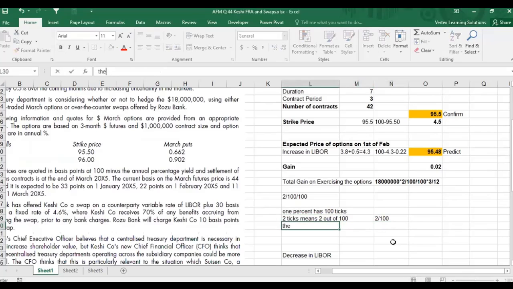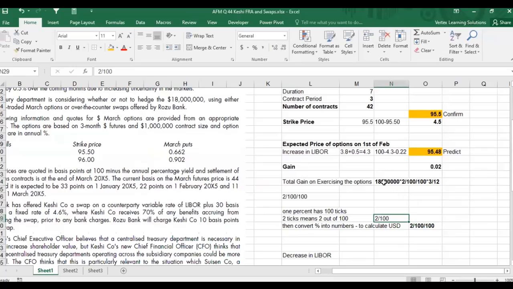And then convert the percentage into a number, because we want to calculate dollars, not percentages. We want to calculate USD. So this 2 divided by 100, I further divide by 100. Any percentage converted to a number, you have to divide it by 100.